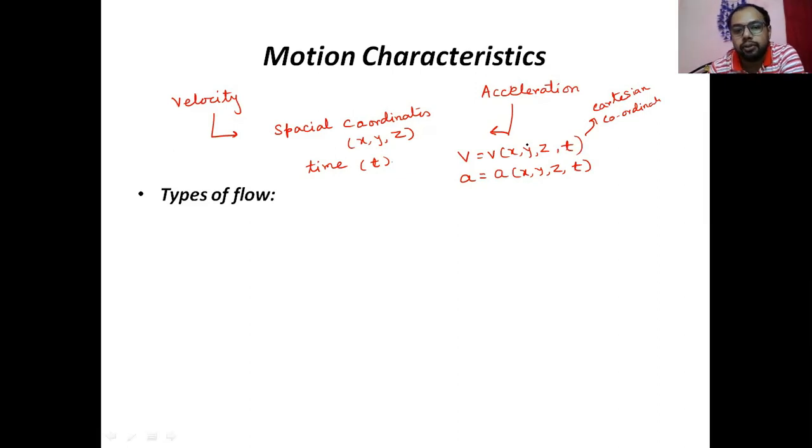Now, some flow analysis, the types of flow. First, the type is steady flow.